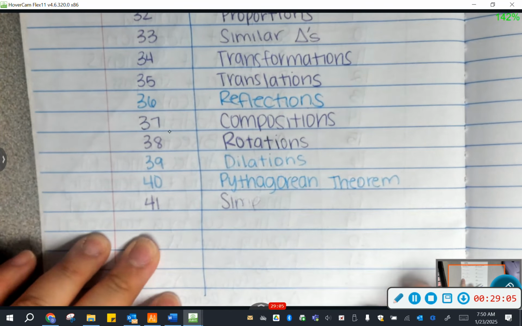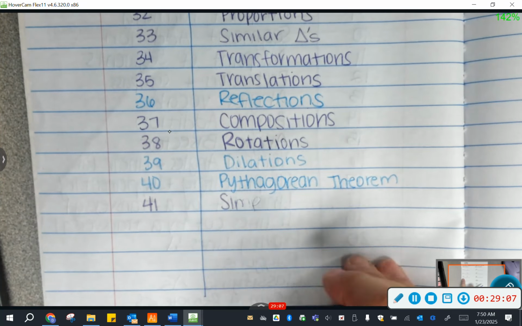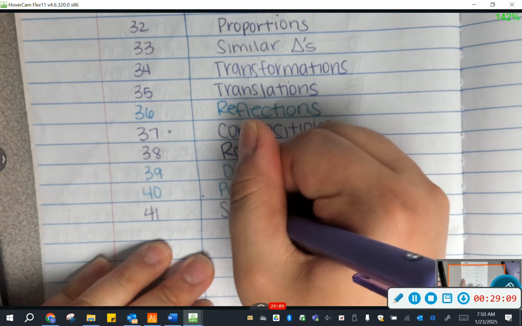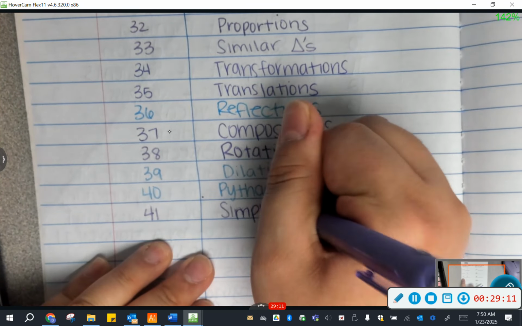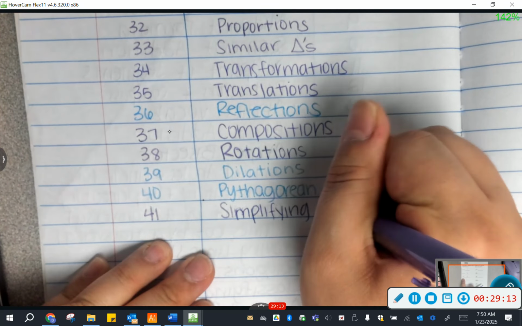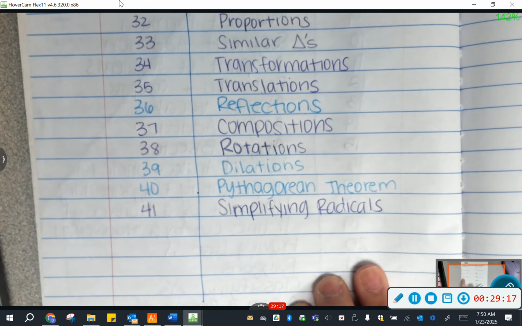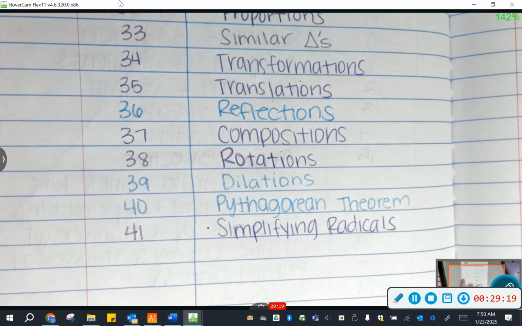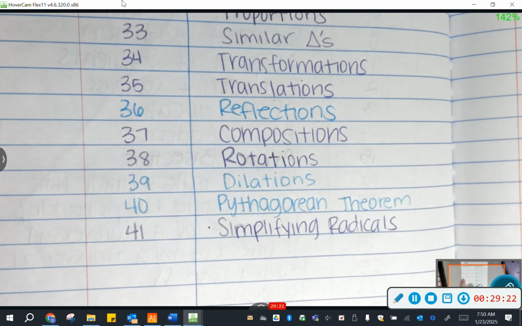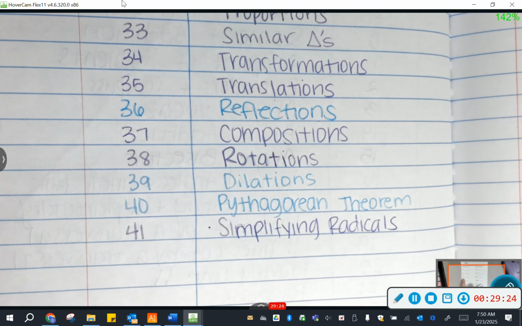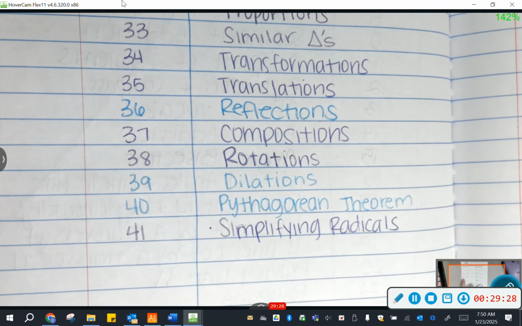Can I get somebody to pass out glue to everybody, please? Simplifying radicals. Thank you, Alexa.